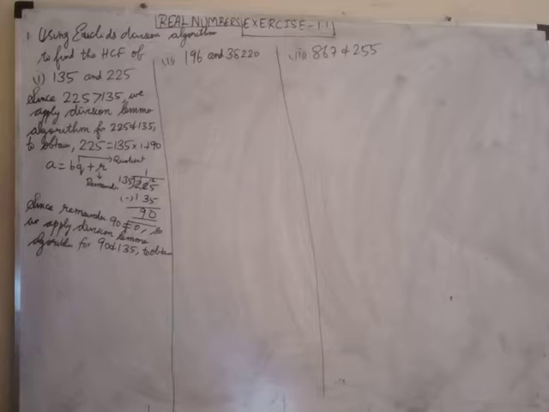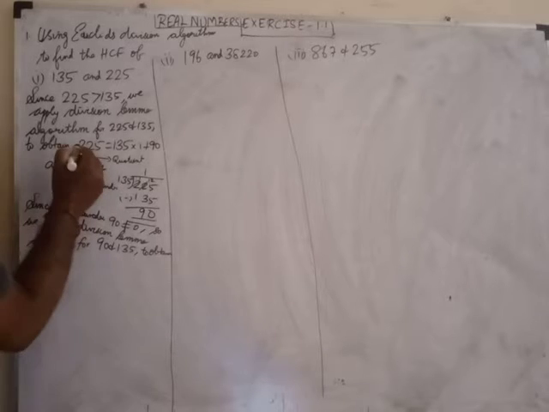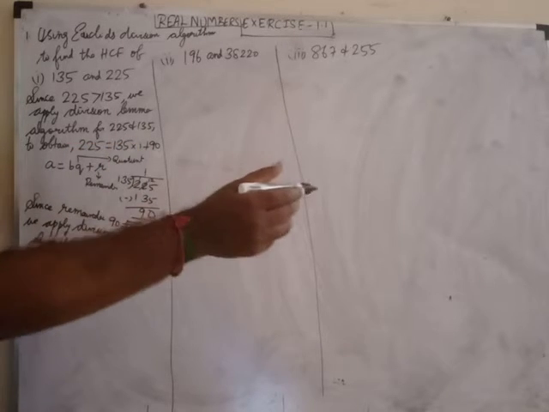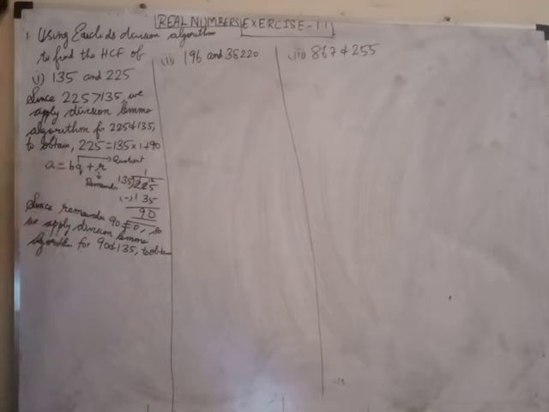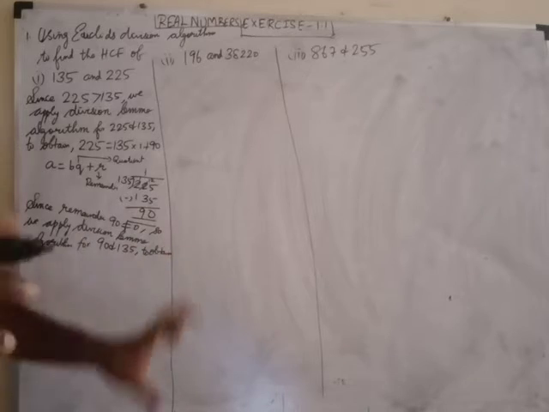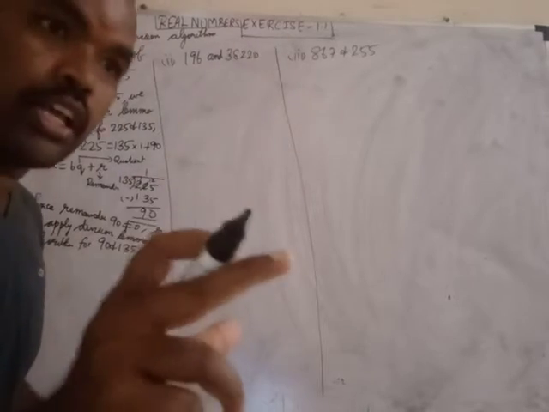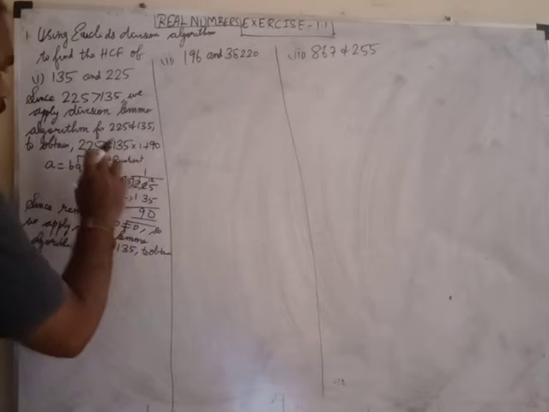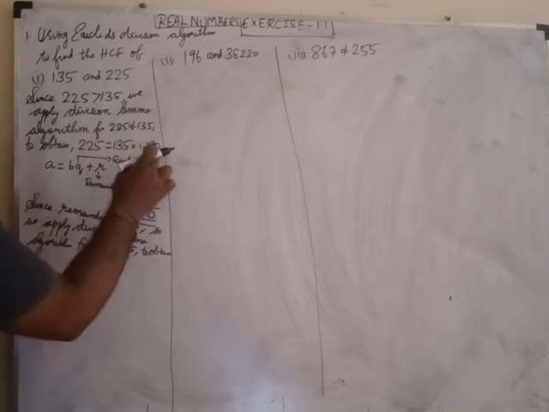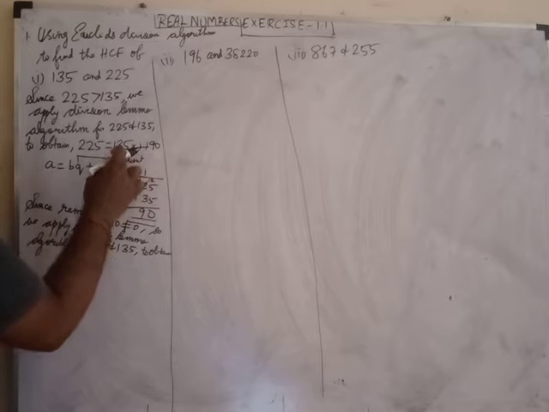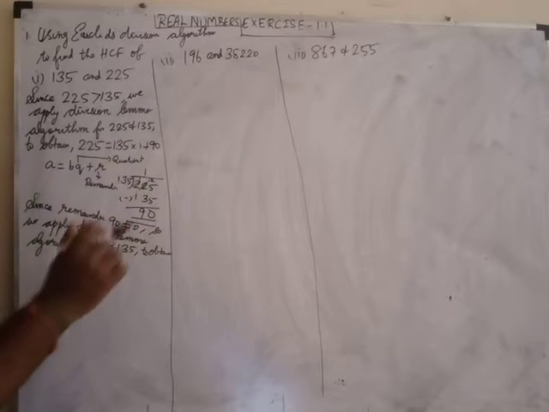Because for 225 we have already done it. Until the remainder is 0, we need to find the answer. That is the strategy of this Euclid's division algorithm. So for 225 we have found this one. Next, with this remainder and this b, 135, we need to do it.